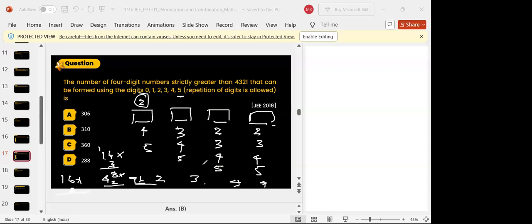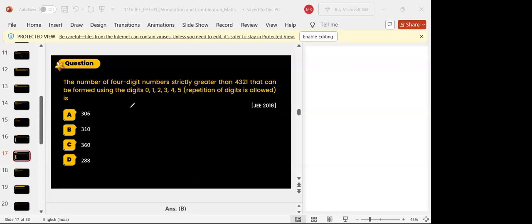96 is coming. That's wrong there. There's a small change in the question. The number should be greater than 4321.